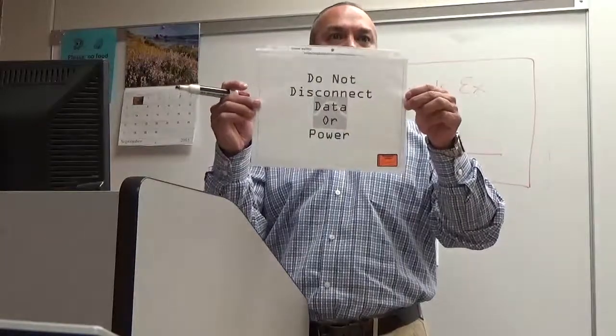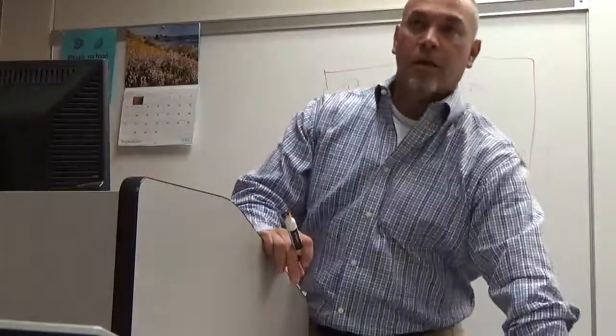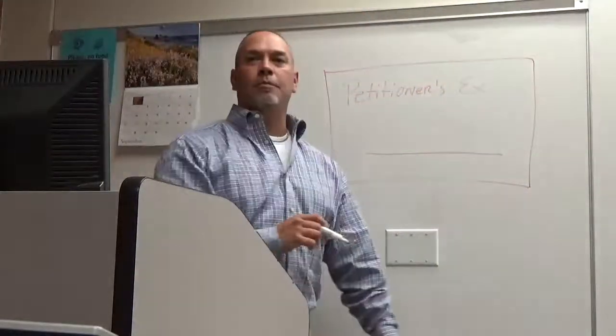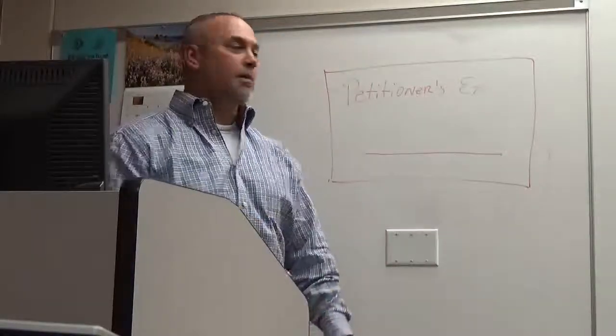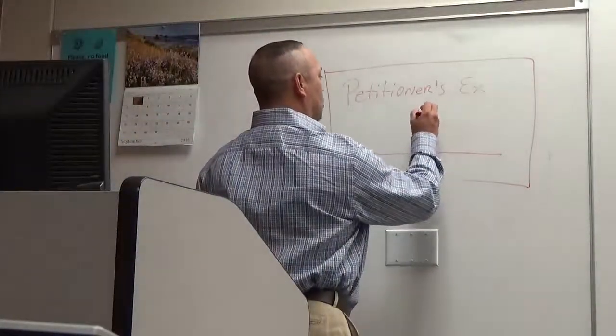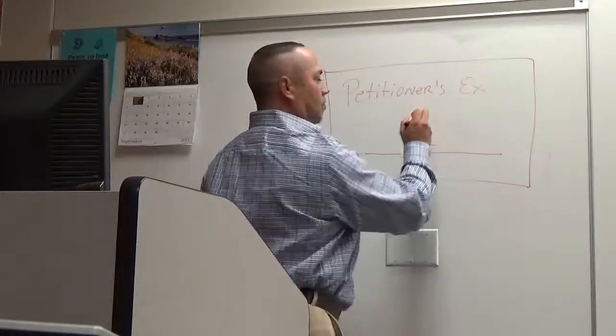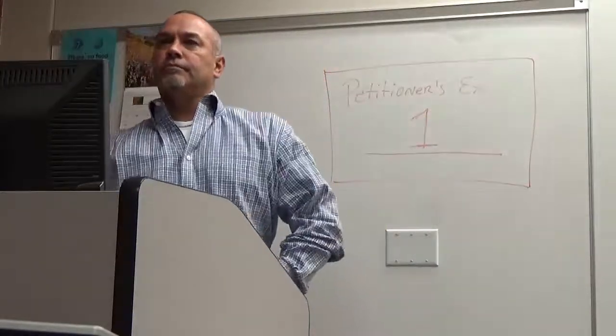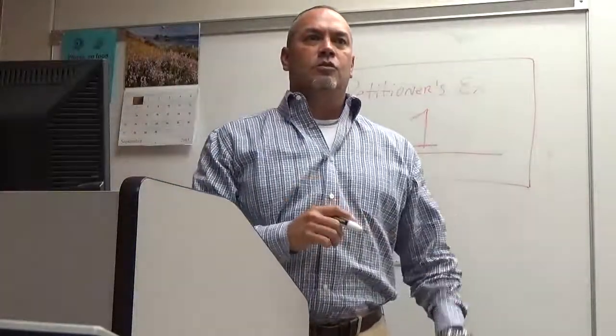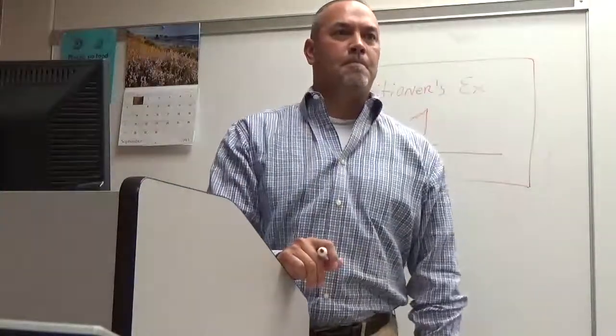Okay, I want to mark this as an exhibit. What you're going to do is, I want it marked as petitioner's exhibit number 1. So what you write, number 1. So I'm asking you to mark this exhibit.